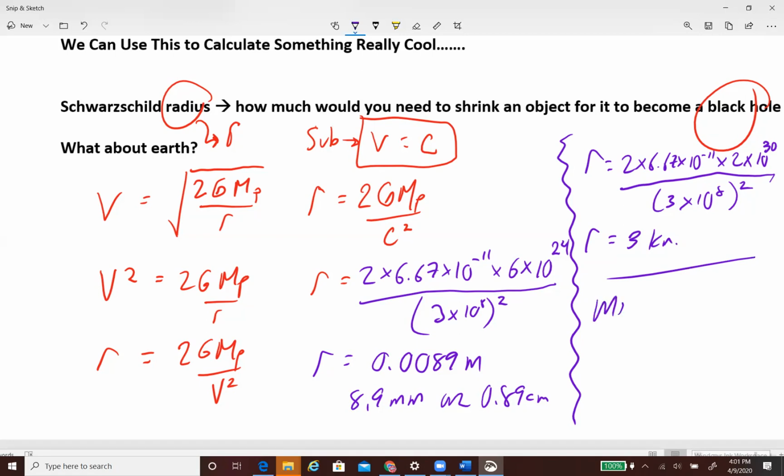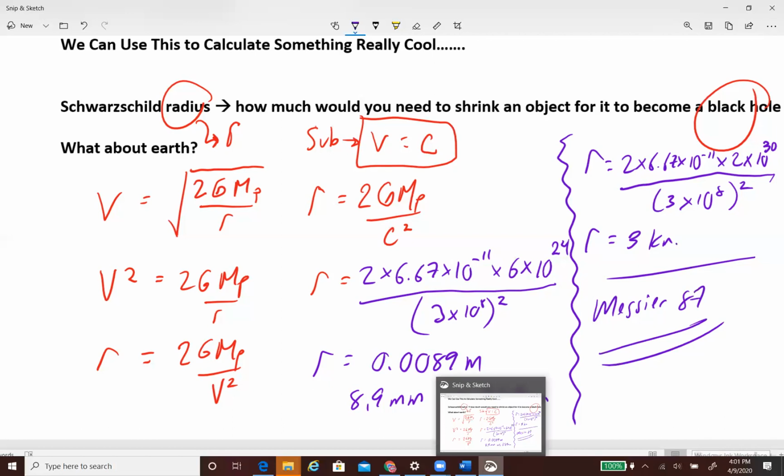Do you know what Messier 87 is? Have you ever heard of it? Messier 87 is the first image of a black hole ever taken. Does that ring a bell?